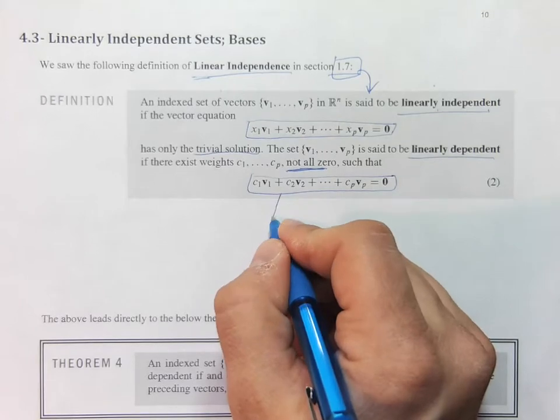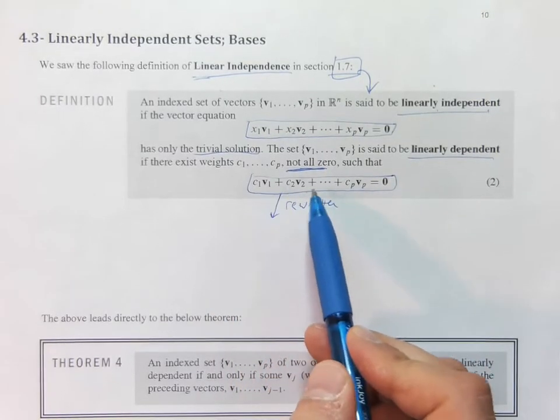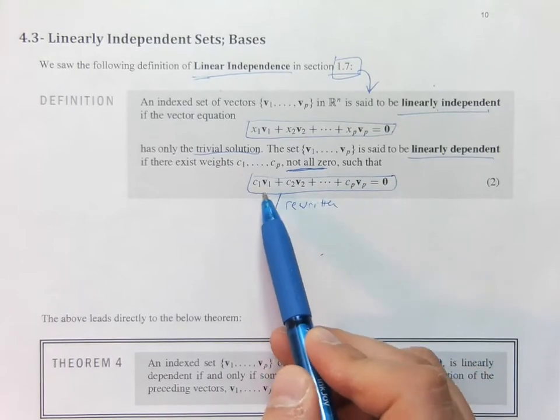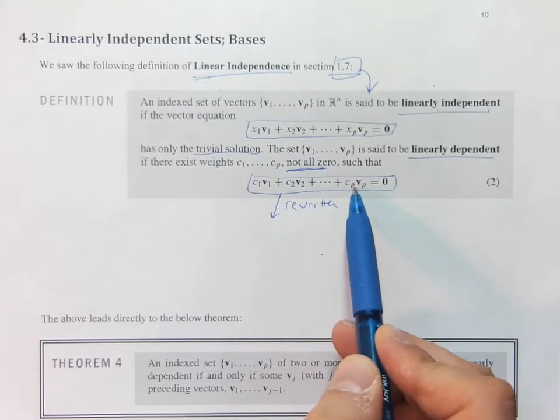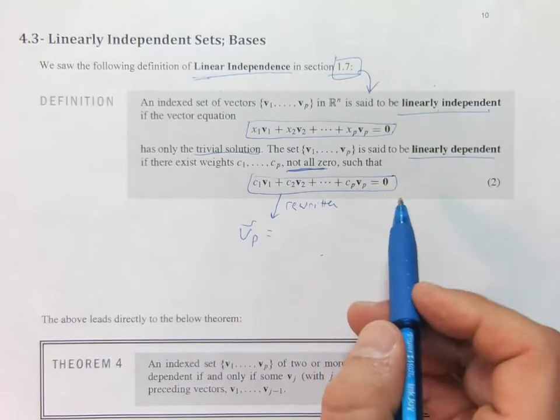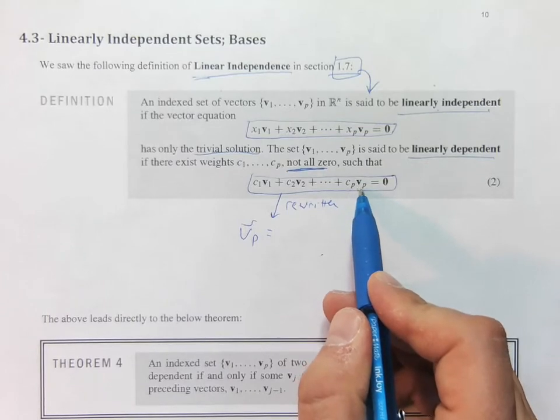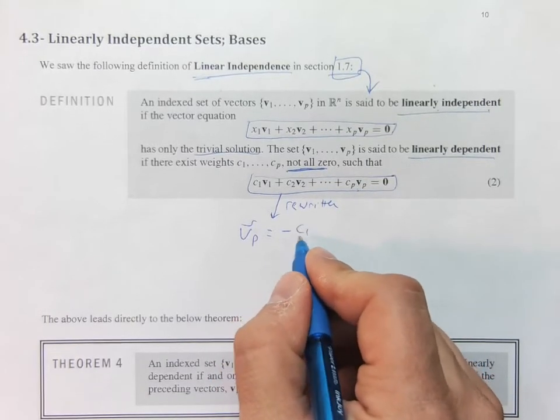And so we can rewrite that. We can solve for any one of these vectors. If I solve this equation for vp, for example, I would subtract everything over to one side and then divide by cp to get vp by itself, right? And so this is going to be this.